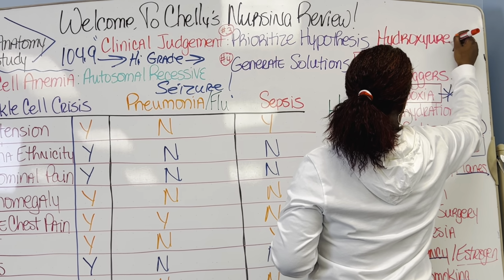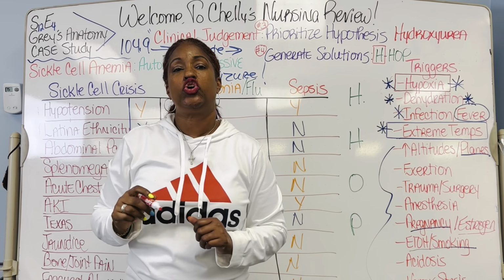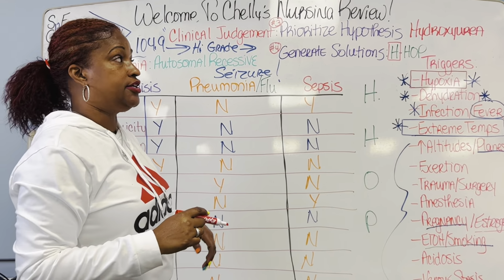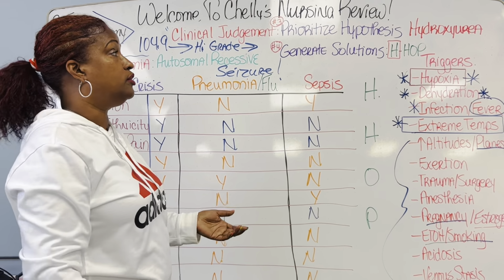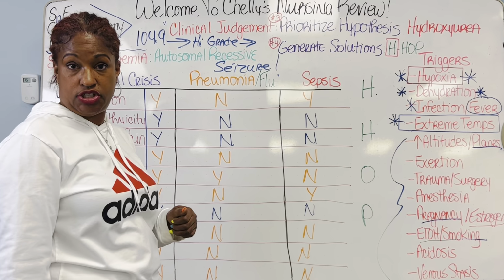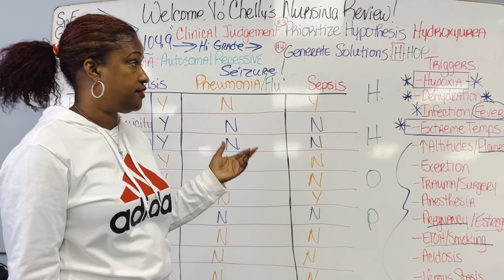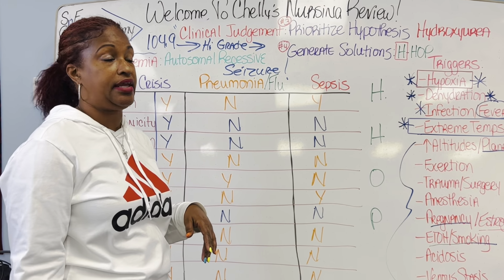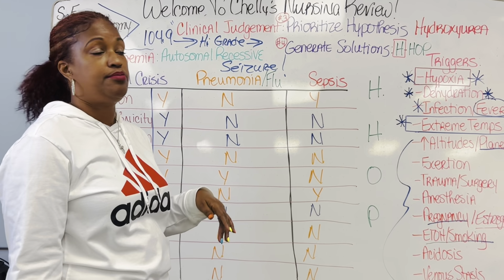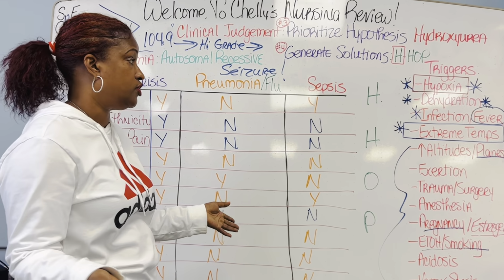Hydroxyurea is a medication that, if this is an adult, we might have in our plan of care to give to the patient. A doctor has to order it, but still, that's a very common sickle cell medication. This is a chemo type of drug we'll talk about later.